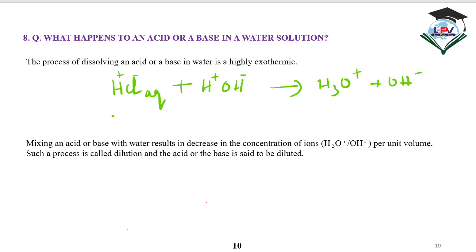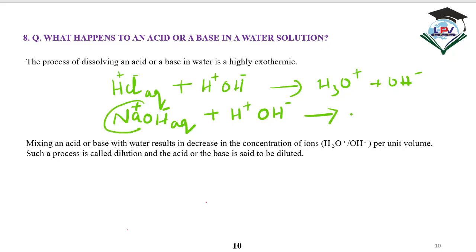Now, when you take NaOH in the form of aqueous solution, they are in the form of ions. You treat them with water, and you find that the Na remains as Na plus itself in the cationic form, and this OH, if by any chance it reacts with H plus, only forms water.